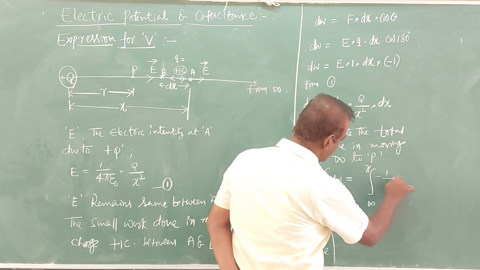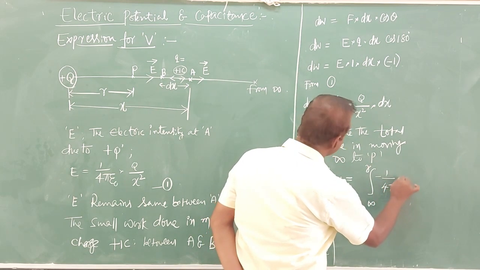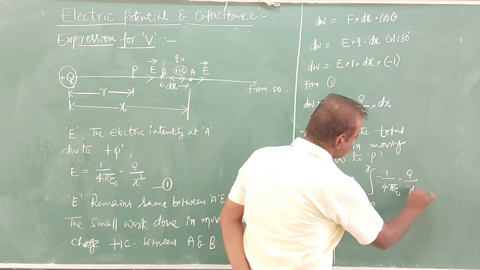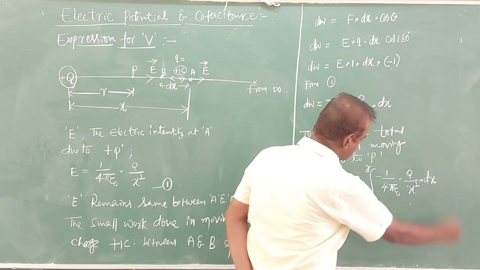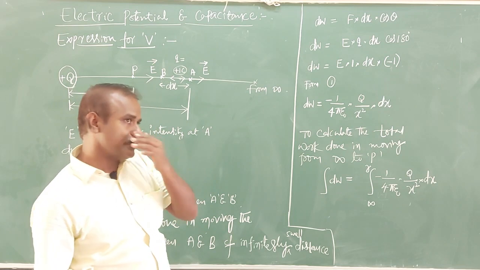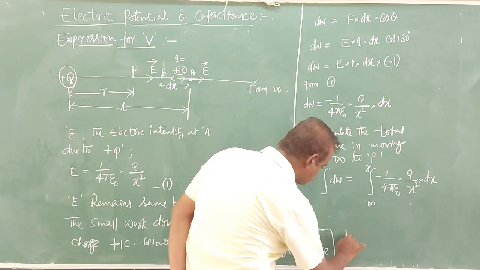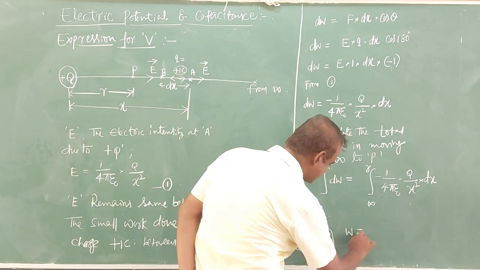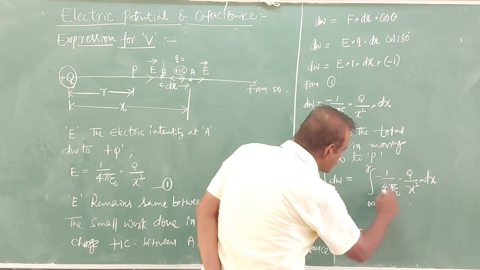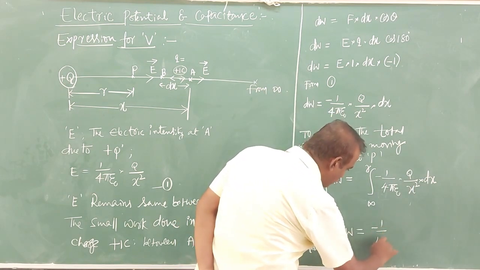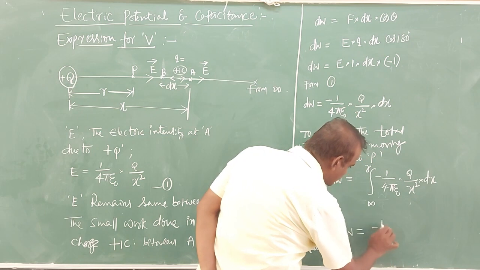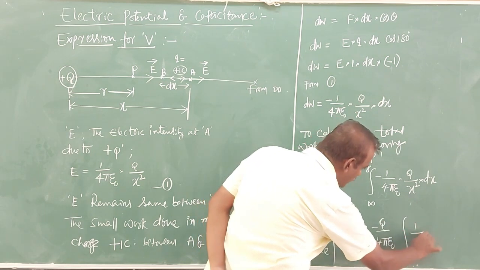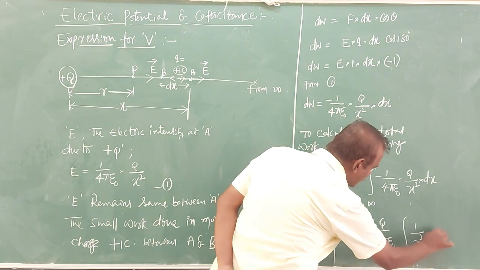What are the terms? 1 by 4 pi epsilon naught into Q divided by x square into dx. And you know what is integration of dW? W only. And minus 1 by 4 pi epsilon naught is constant, even Q is constant. You are left with 1 by x square into dx.